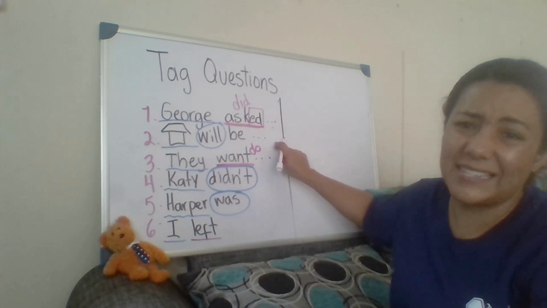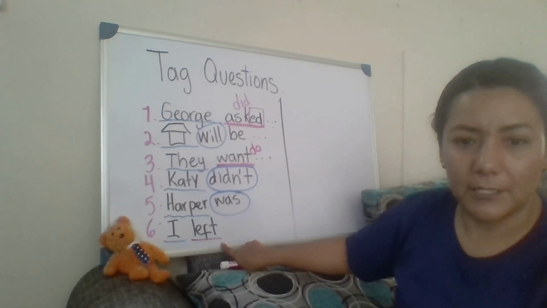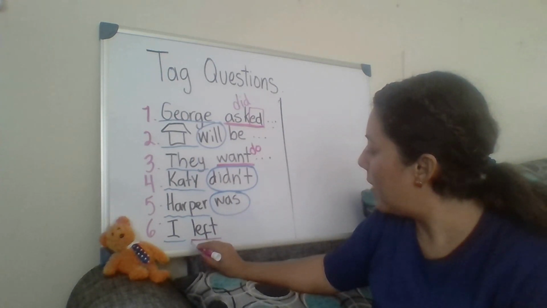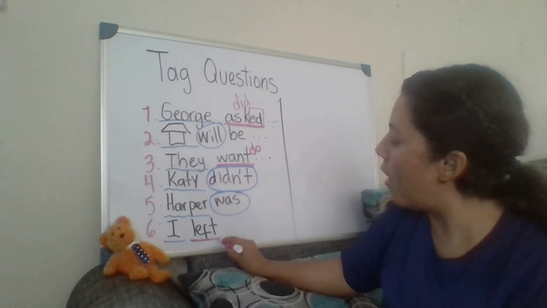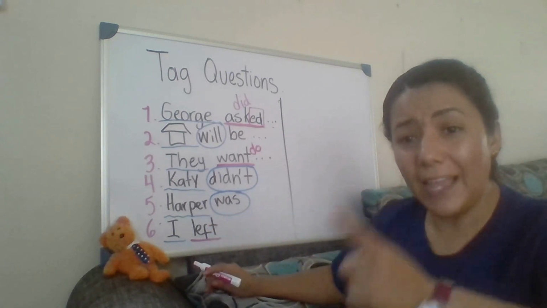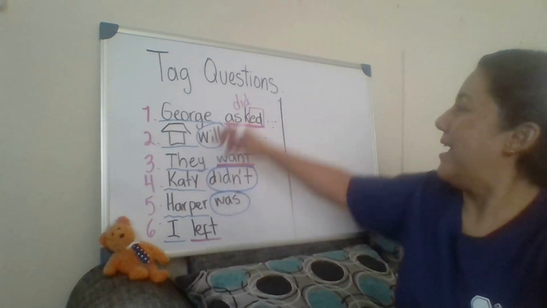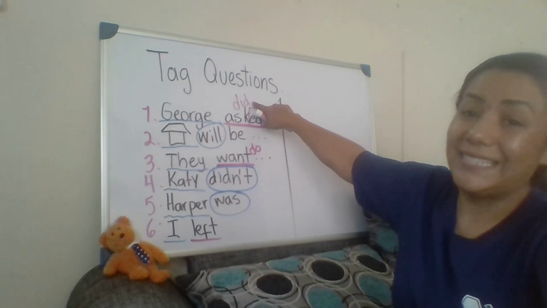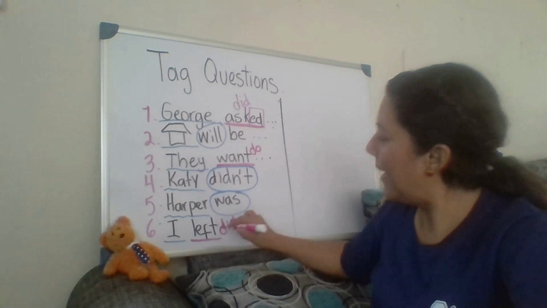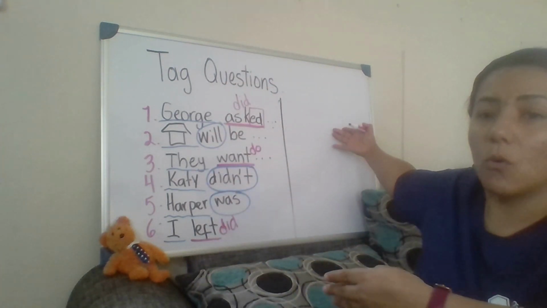Not don't, because that's negative, but this is affirmative. Now, number 6. Left is the verb. Left is the past tense of leave. Left, bye-bye. Went away. If left is a verb in past, what is the helping verb in past? Did. So it is did. Okay. Now we are ready to write the tag questions.